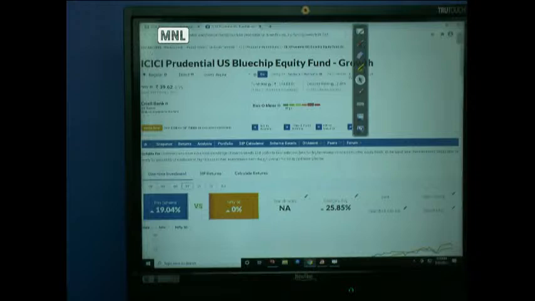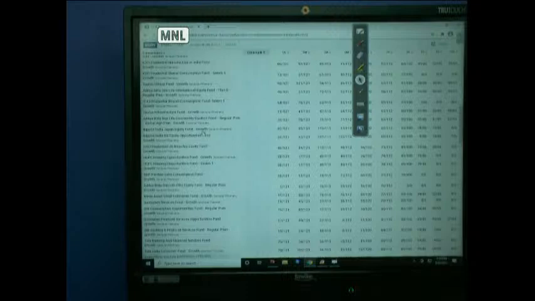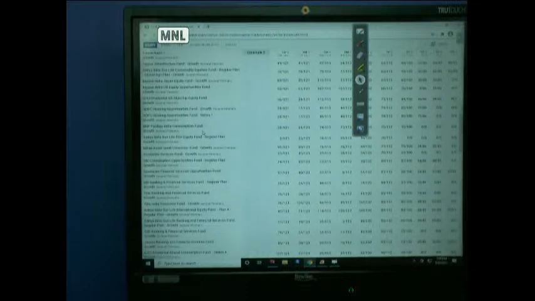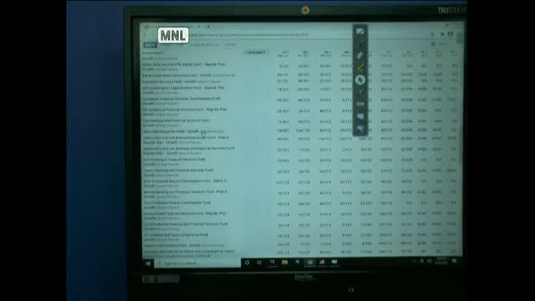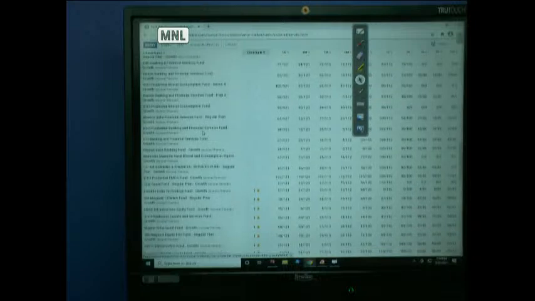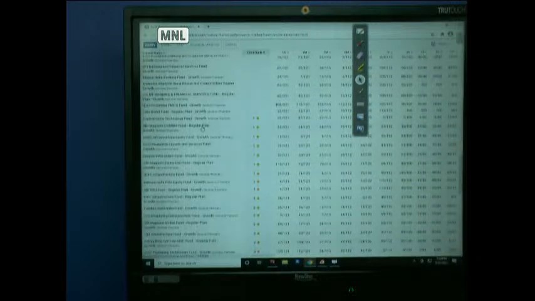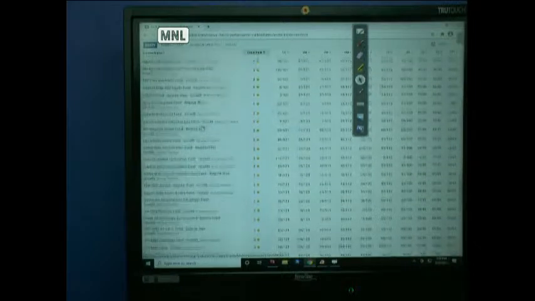Now there is Franklin Templeton also. So we look at the Motilal Oswal N100 fund is there. So we have to search for it. See, Franklin India Technology Fund is there. So we'll just look at this.